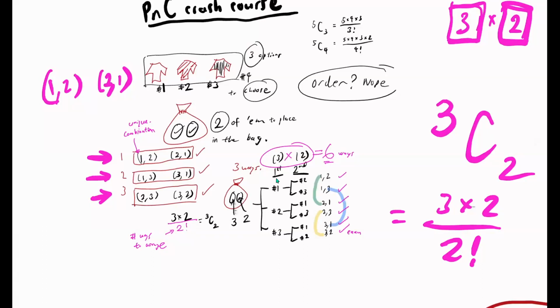Okay, this is a messy person. He doesn't care about the order you put the shirts inside the bag, so 1,2 and 2,1 to him are the same. So how many unique ways, unique combinations, are there? It's actually just 3 times 2, but divided by 2 factorial. 2 factorial here is the number of ways to arrange the 2 shirts.